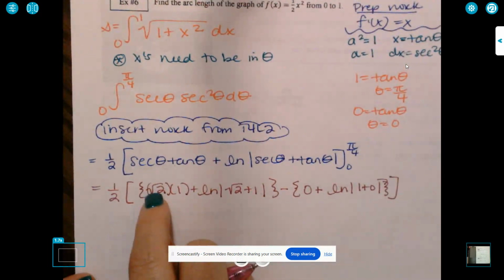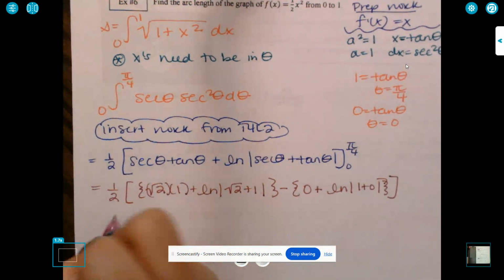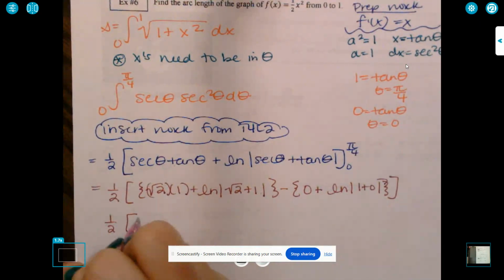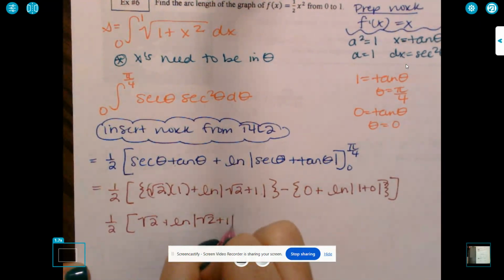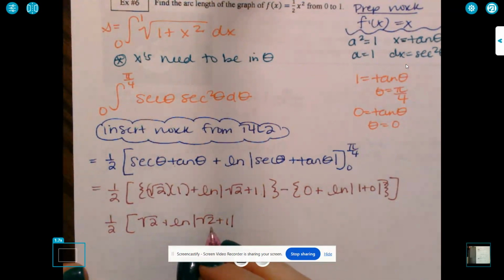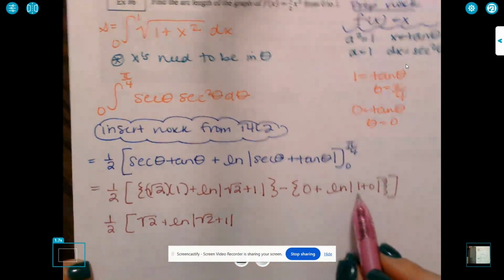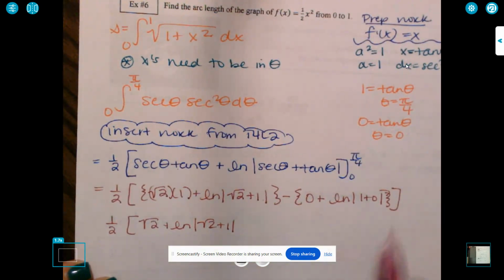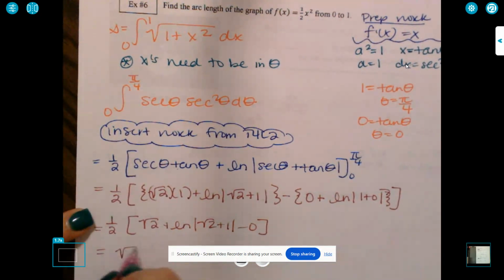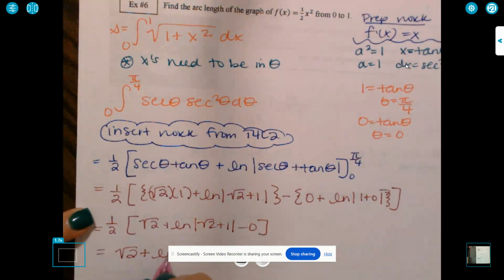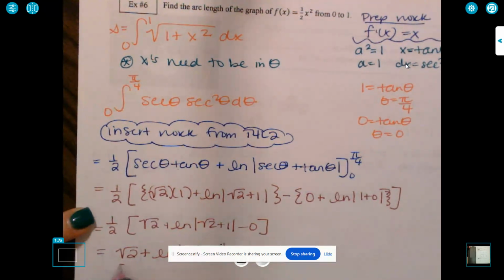Okay, so that gives me the square root of 2, and then this just stays the square root of 2 plus 1. And then this is 0, and then the ln of 1 is going to be 0, so that just turns into minus 0. So we end up with the square root of 2 plus the ln of the absolute value of the square root of 2 plus 1, all over 2.